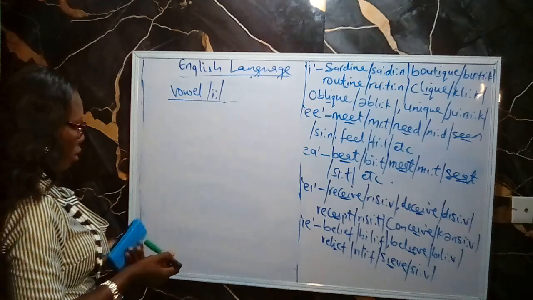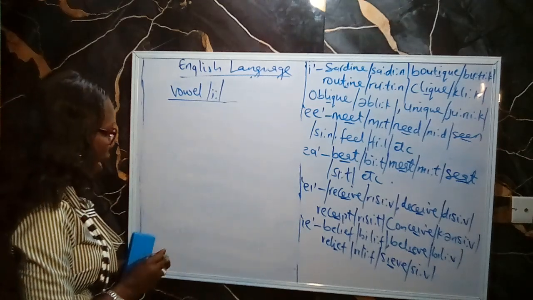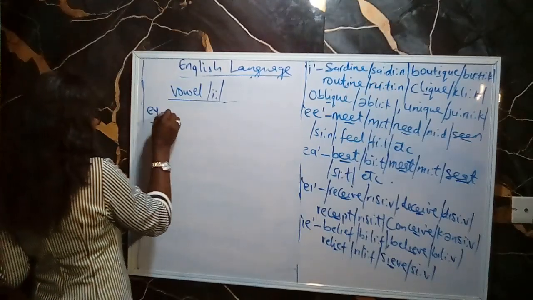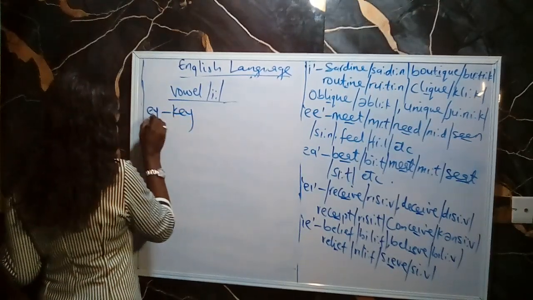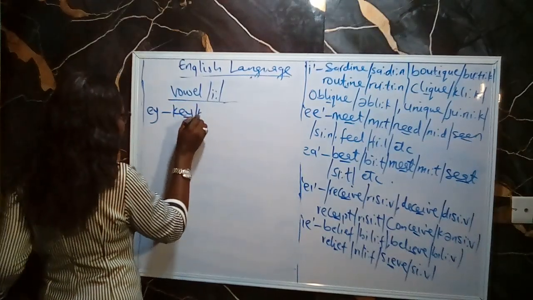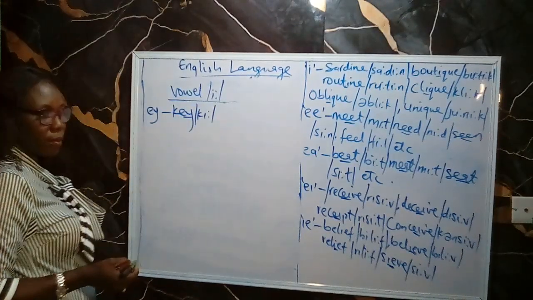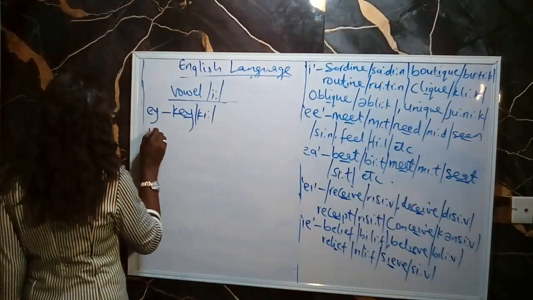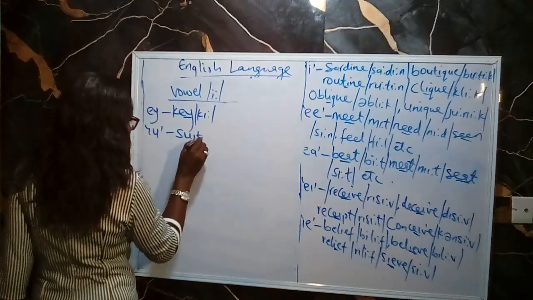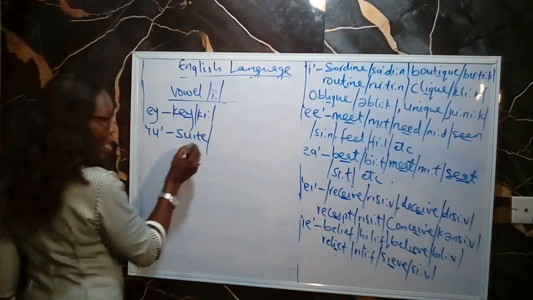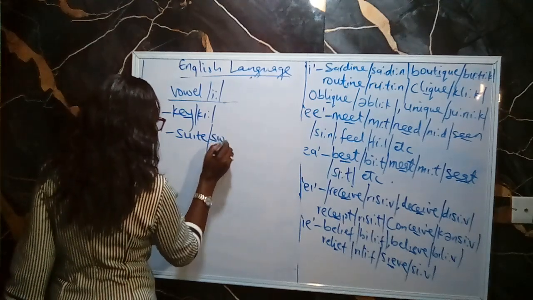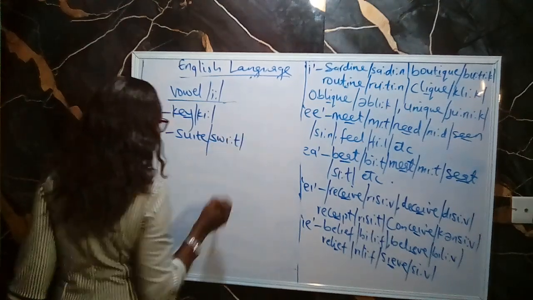You can also see or hear this sound in words like EY, as in key. Remember, where we see EY, we put the sound key. Okay. You can also see it in IU, as in sweet. It's pronounced sweet, like the one you lick.